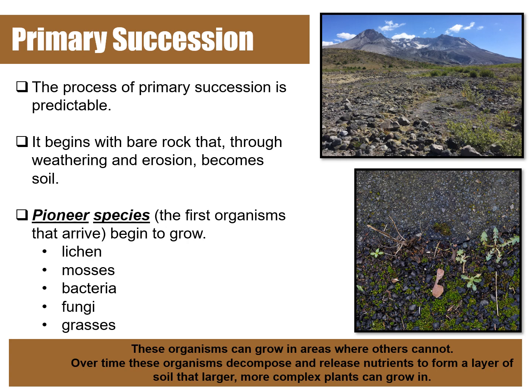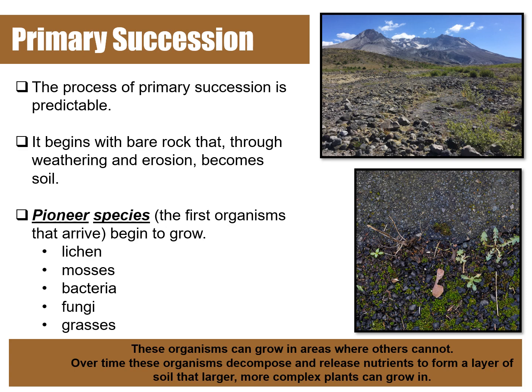So a pioneer species, similarly, is the first organisms that begin to grow in an area where there's nothing else that can survive. Things like lichen, mosses, bacteria, fungi, grasses, because these are pretty low maintenance species. They don't require a lot of nutrients from the soil, so they're able to survive.